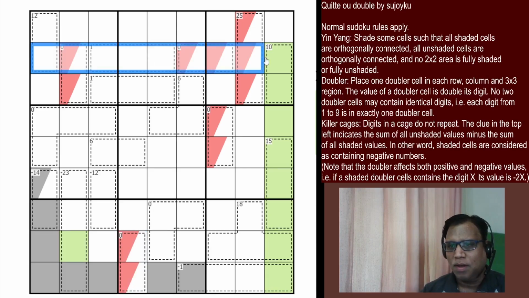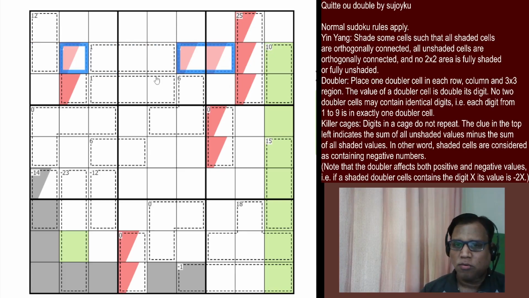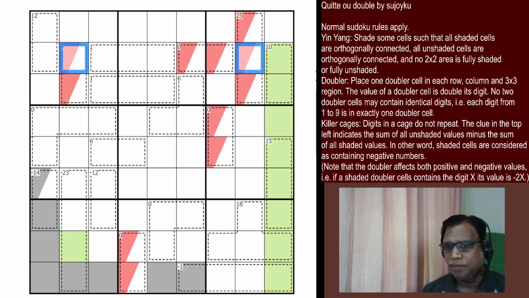Clearly, we can only have one doubler in each row and each box, or let's say each house. That means if one of the doublers is here, none of this is a doubler. And that means definitely this is a doubler, and definitely this is not a doubler. And we know that one doubler is here, because of 25.